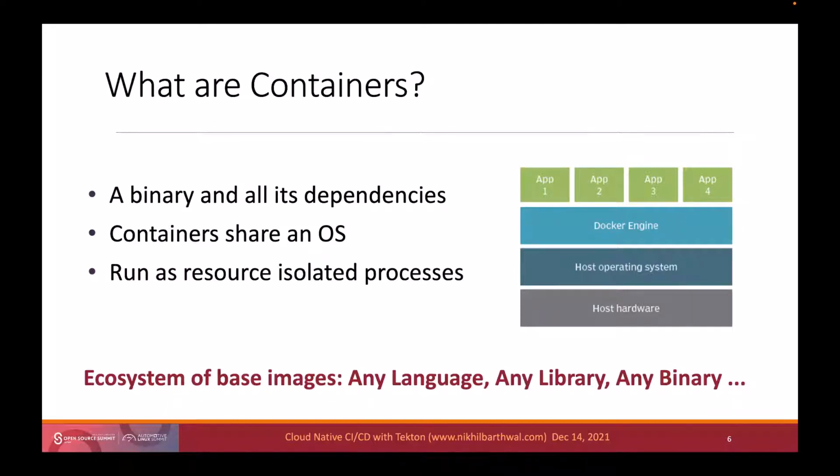Well, what containers really bring to the table is it actually brings reproducibility. Now, when I'm building a build artifact locally, it actually is kind of tied down to my local environment. I'm using the operating system that is there on my local machine. I'm using the dependencies that are there on my local machine, right?